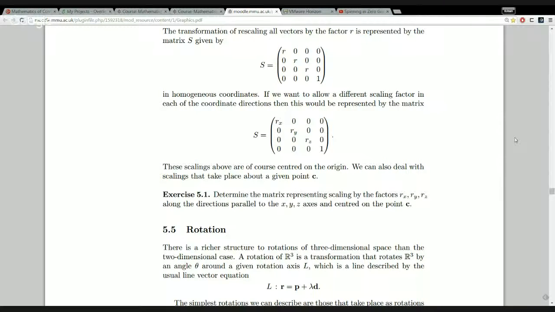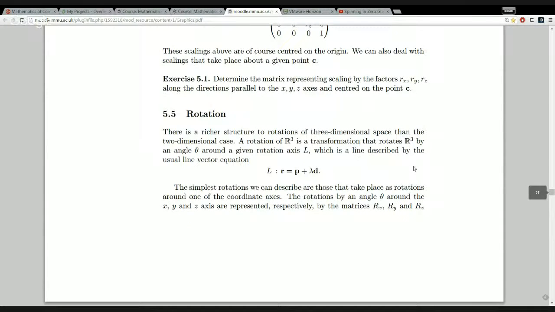So that was translations or scalings. Now we come on to rotations. Now, rotations in the plane were pretty simple to think about. If the plane is the sheet of paper, to rotate the plane, what's involved is fixing the rotation center and rotating the whole plane about that rotation center.